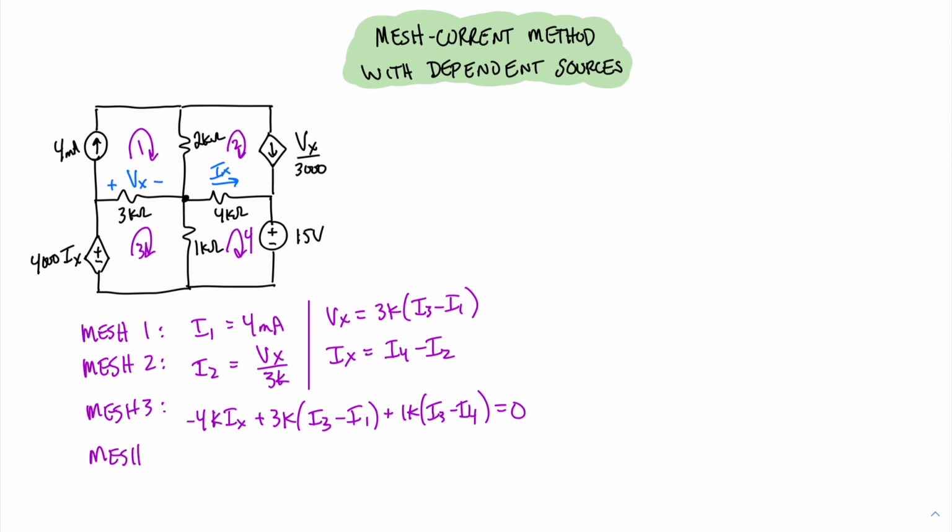And for mesh number 4, we can write 1K times (I4 minus I3) plus 4K times (I4 minus I2) plus 15, and that must equal 0.